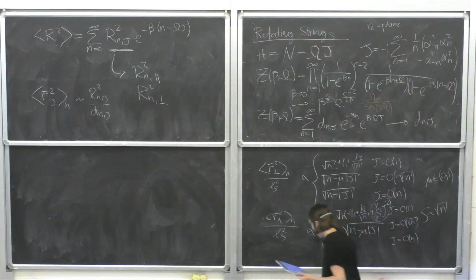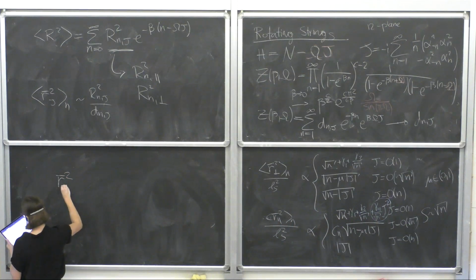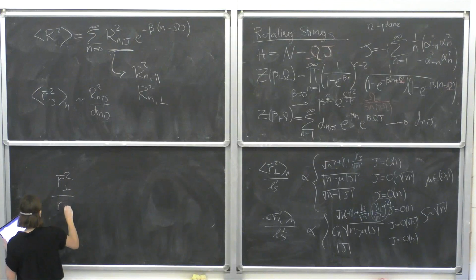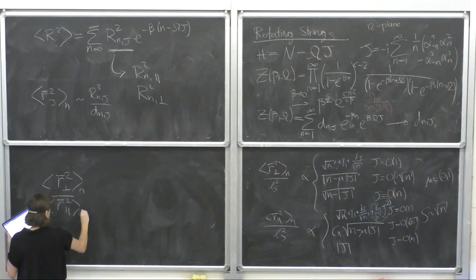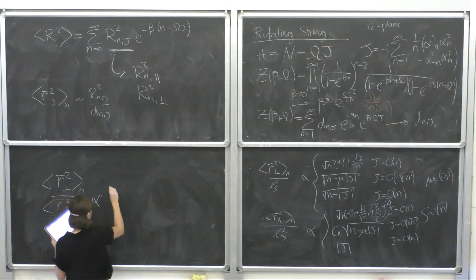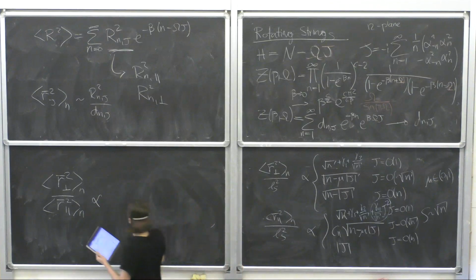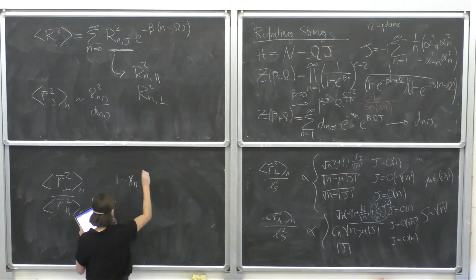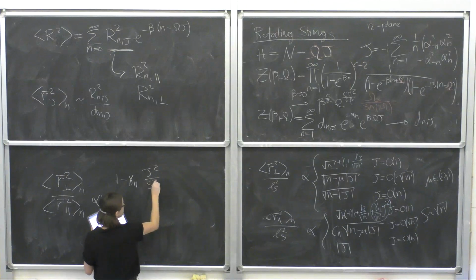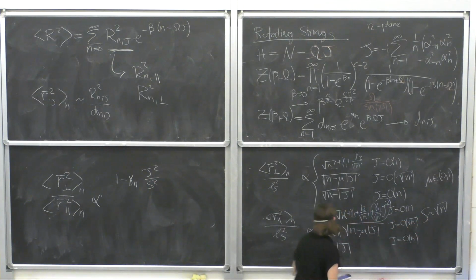Okay, so now let me write down the ratios. Perpendicular over parallel. The string scale drops out. And I have the following. Take this ratio. What you find is that the first term is 1, and then the second term is of order j squared over s squared, where I have now written square root n in terms of s.